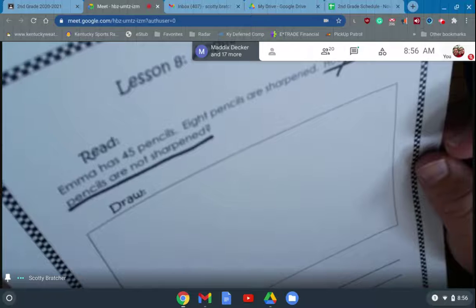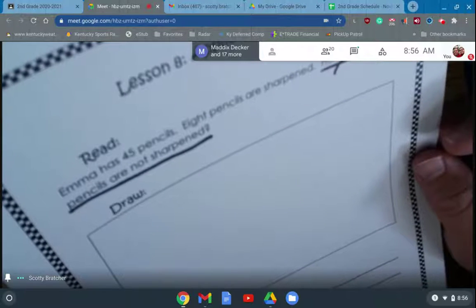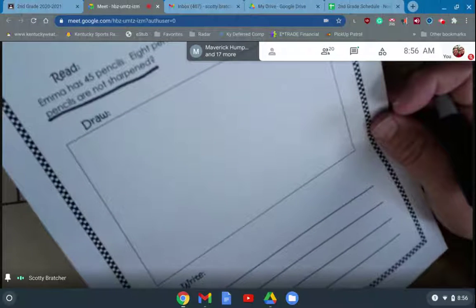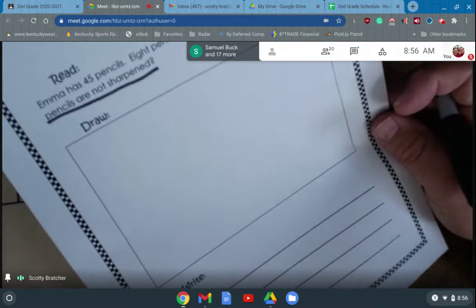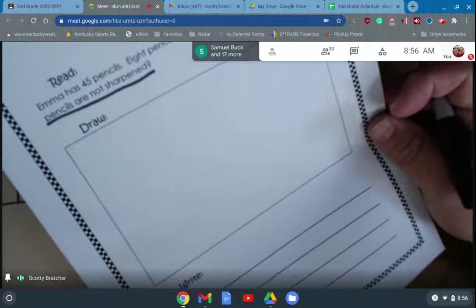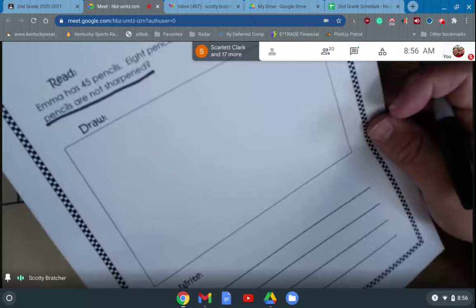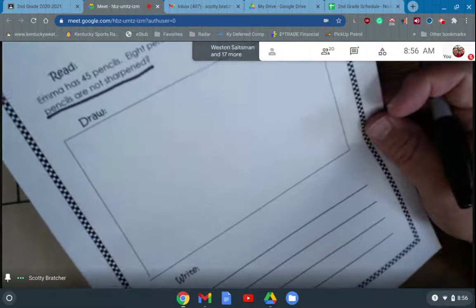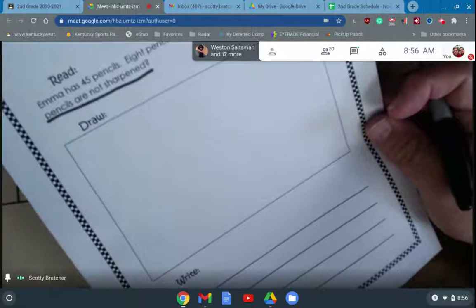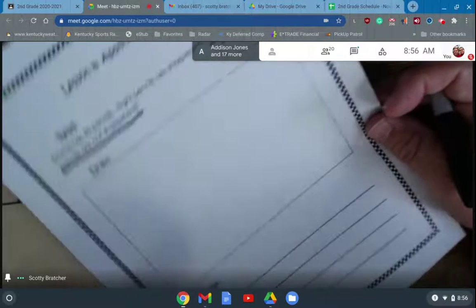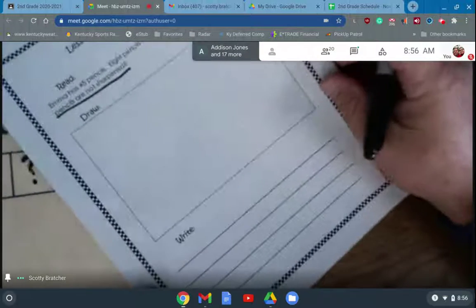Yeah, it's a little hard, isn't it? Hey, we need some practice on this. Well, if you were here with me at school and I would call on you, I would say, how many pencils are not sharpened? Your reply to me would probably be, there are blank pencils not sharpened. Okay? So that's what I'm going to write.